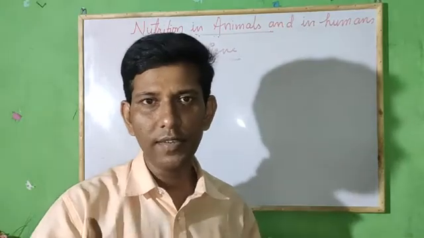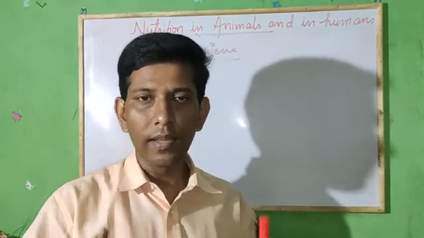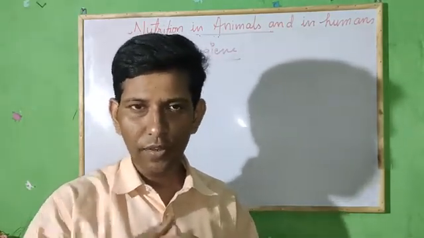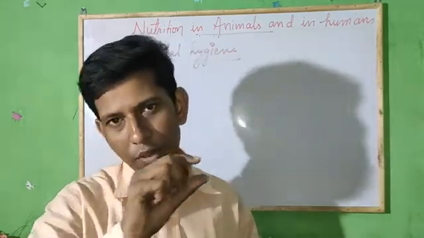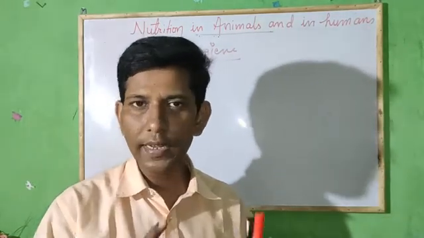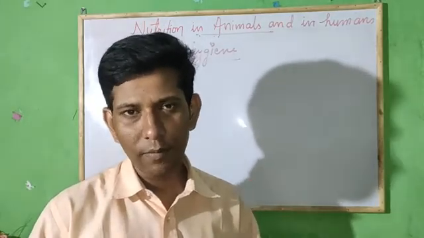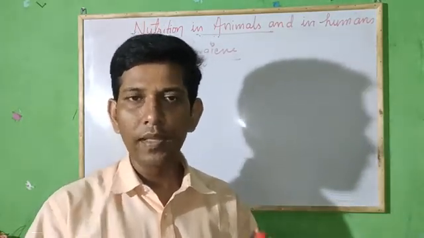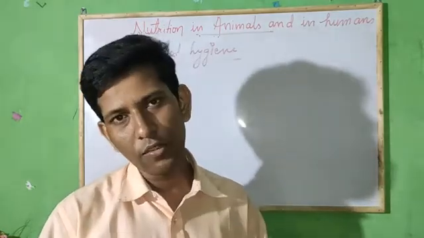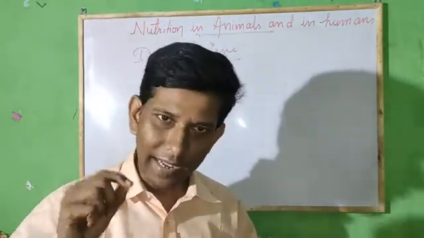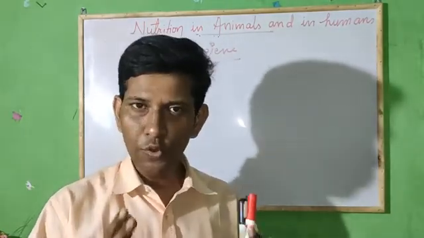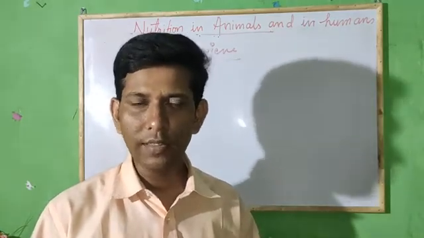Suppose you have eaten sweet material, ice cream, chocolates, and you are not cleaning your teeth properly, there will be formation of a yellowish layer called dental plaque. This dental plaque is very dangerous, because it dissolves the enamel, the hardest substance of our body, and makes a cavity in it. So we should take care of our teeth.